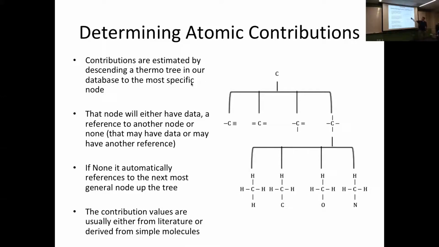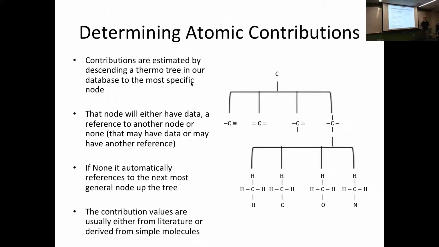Or maybe it's single bonded to four things, and you'll go to this one. And then once you get to this one, there's a whole set of ones that it can move down. And eventually it will either hit something where it doesn't have anything more specific and it will stop at that node, or it will continue down until it hits the most specific thing.